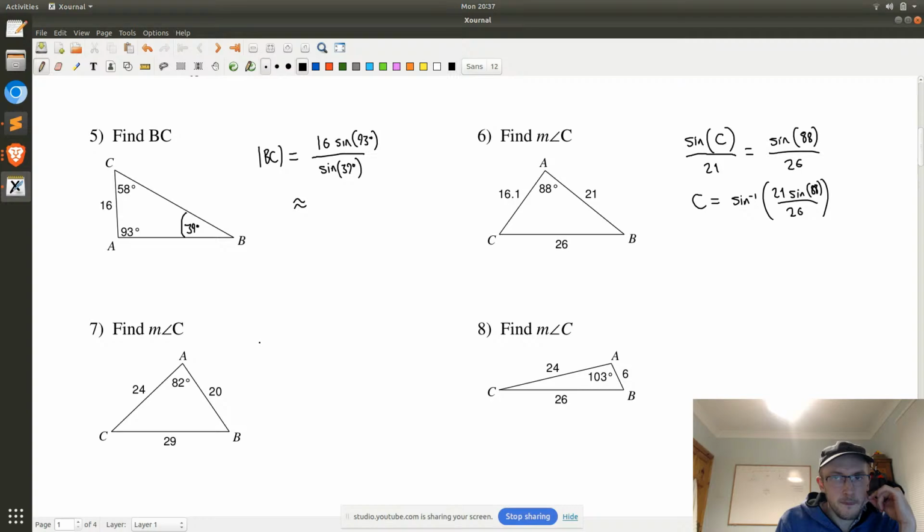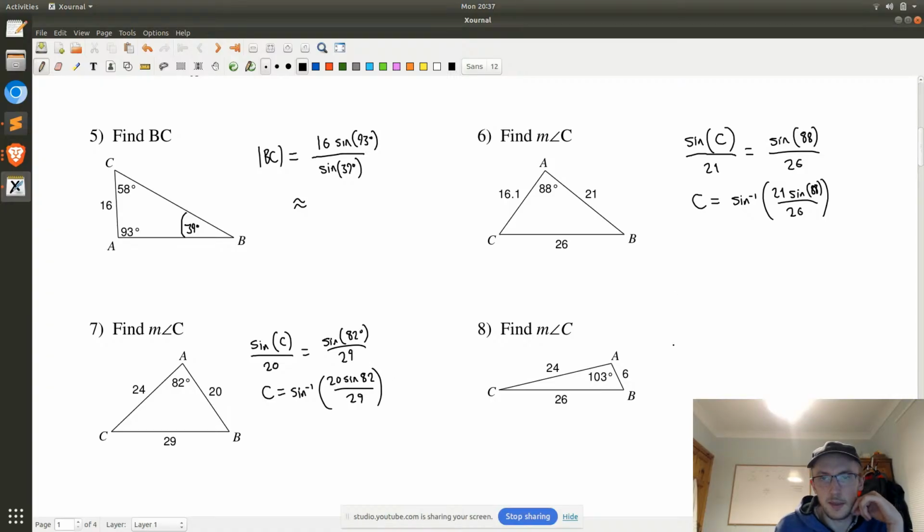Here, sine of C over 20 equals sine of 82 over 29. So C is the arcsine of 20 sine 82 over 29.